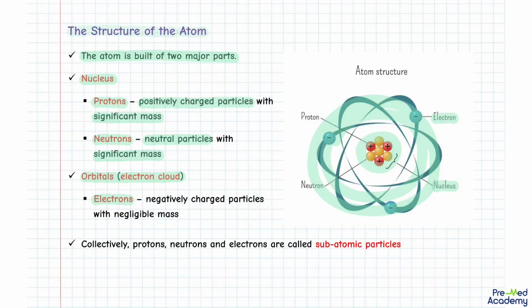The electrons are negatively charged particles, and like we said, they are very, very small, meaning their mass is really negligible relative to the mass of a proton or neutron. How negligible? Almost 2,000 times lighter. In other words, on the subatomic particle scale, they are very small and light. Together, protons, neutrons, and electrons are called subatomic particles.